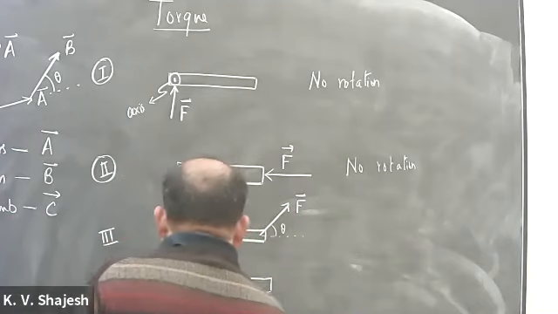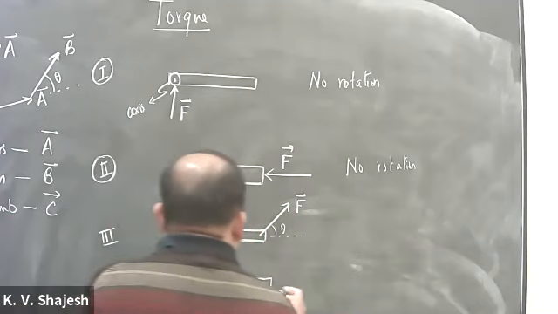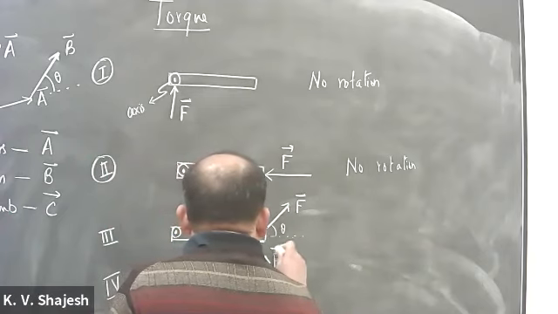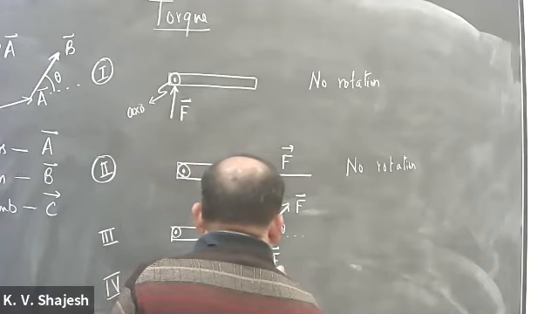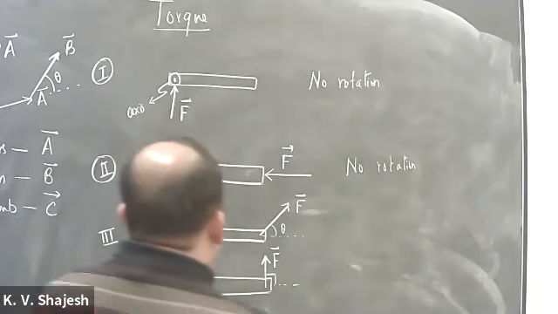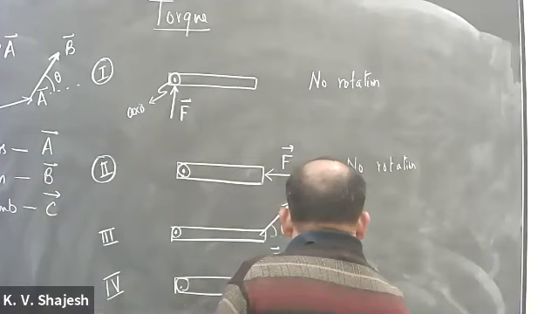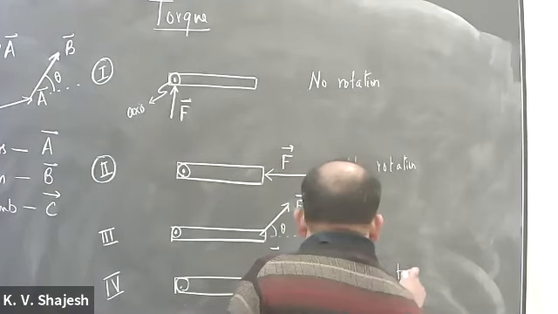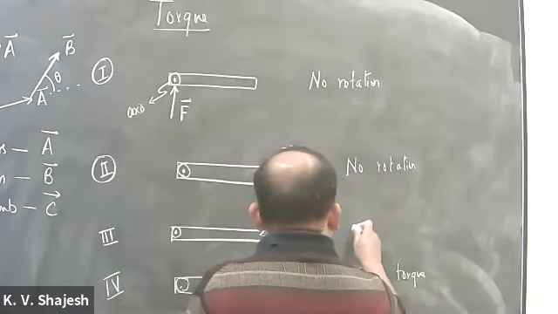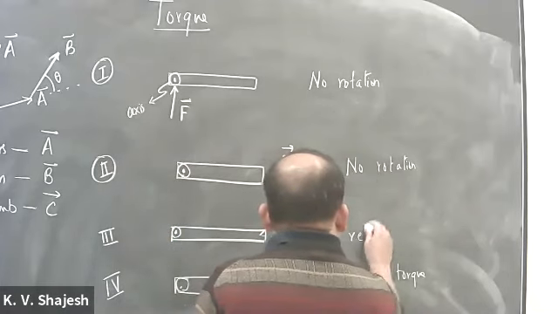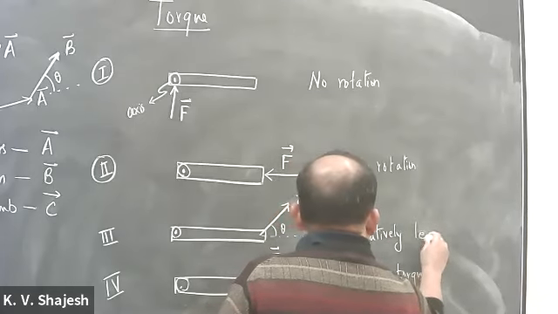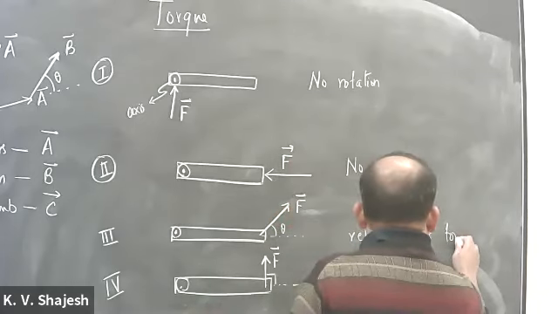So the same door again, axis, but this time if I were to exert the same force in a perpendicular direction, then this is more torque versus this. So this is relatively less torque.